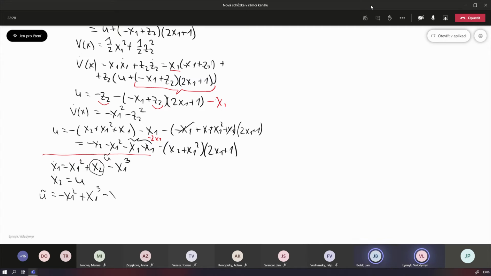Okay, minus x1. In this step we can choose maybe another u wave, any other idea?